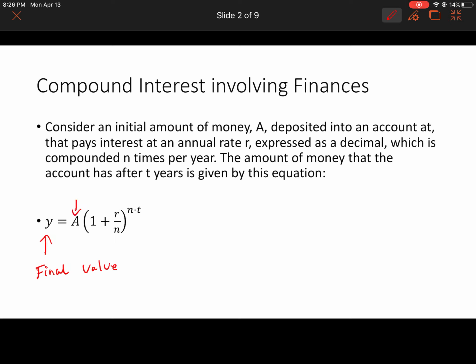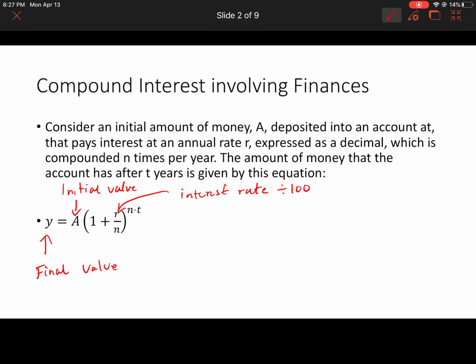A is the initial value. This is what you had to begin with, what you put in at the beginning, or however much you had at the beginning. R is your interest rate, divided by 100. It's always divided by 100. Never do anything other than that.